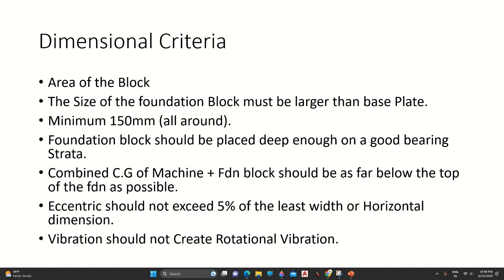The combined center of gravity of the machine plus foundation should be as far below the top of the foundation as possible, because if the center of gravity of the machine and motor is much away from the center of gravity of the foundation, then due to this eccentricity, extra moments will come on the machine.